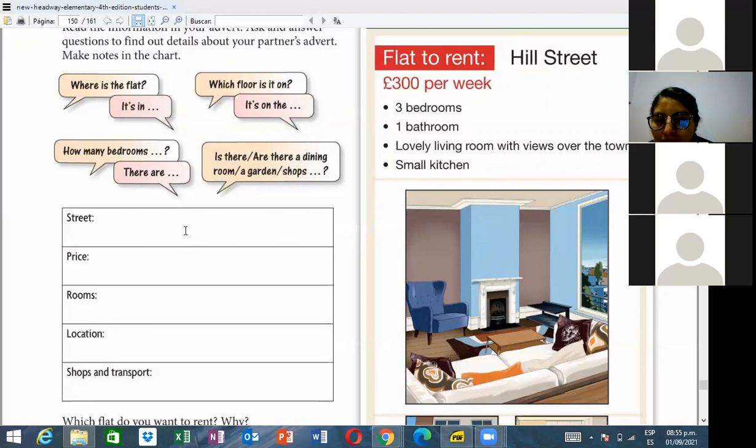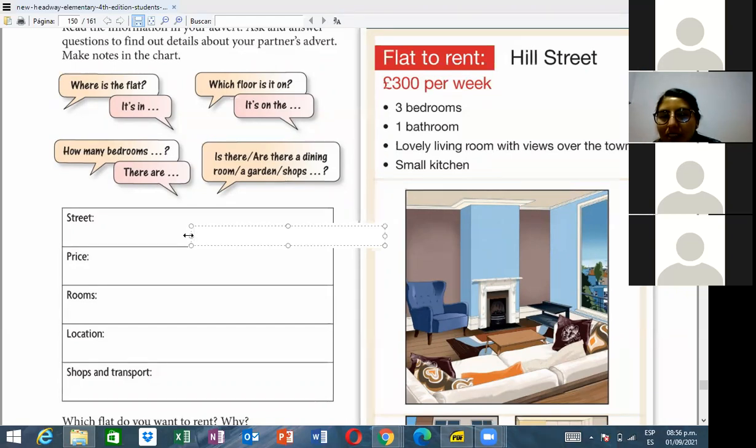Okay, which is the missing mistake? Which one? It isn't on the 2nd floor. It's on the 3rd floor. Yeah, okay, yes, but we're right, or no? No, right? Okay, yes. Very good. It is on the 3rd floor. Very good. And also one more.